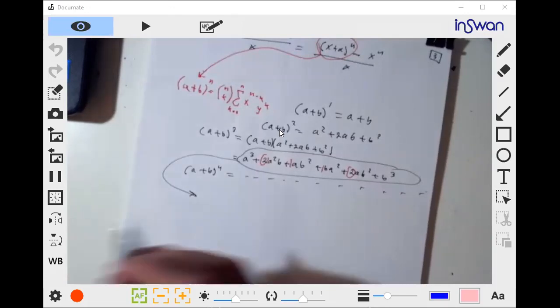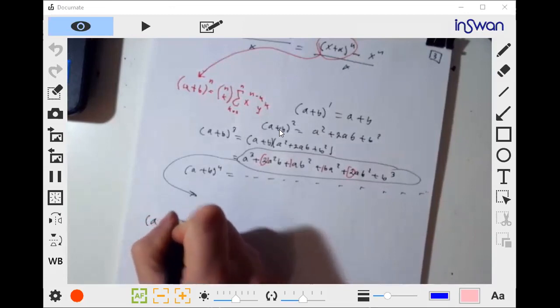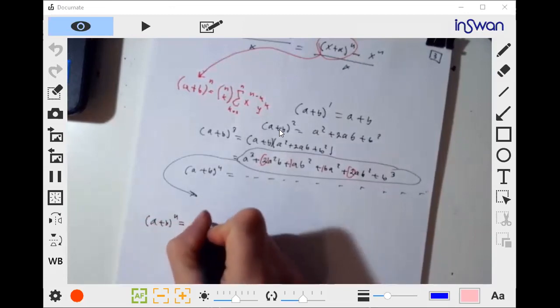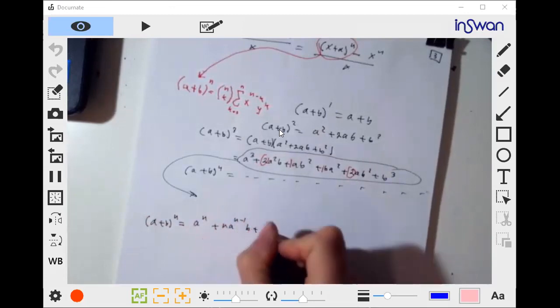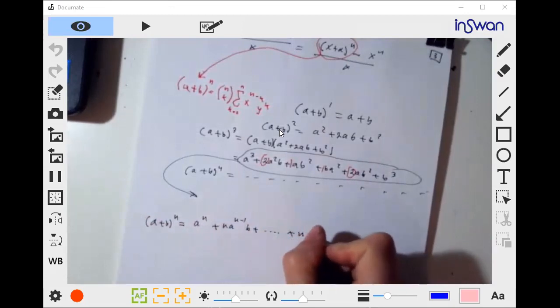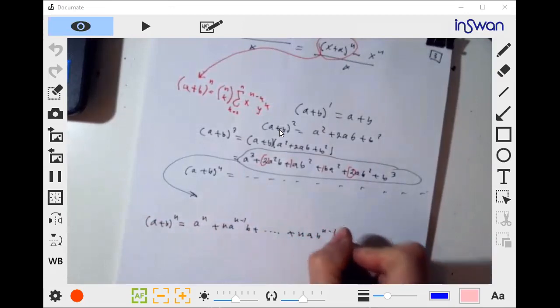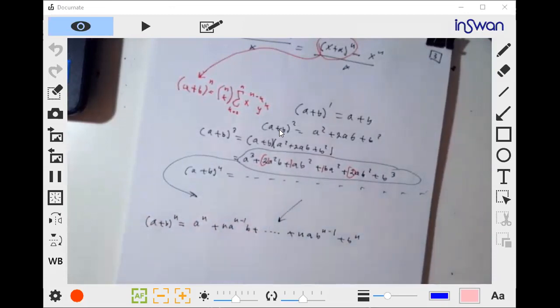So what we can say is that a plus b raised to the nth power is the same thing as a to the n plus n a to the n minus 1 b plus and so on, up to n a b to the n minus 1 plus b to the n, with all these middle terms given by the binomial coefficients.